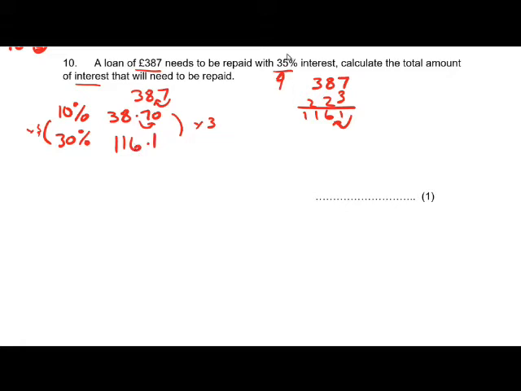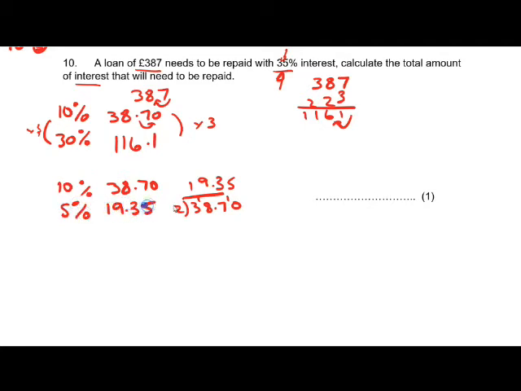We also need to find out the 5%. So if 10% is £38.70, we need to divide that by 2. So 5% is £19.35.